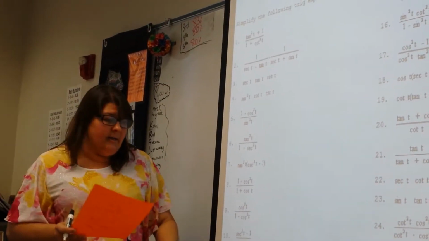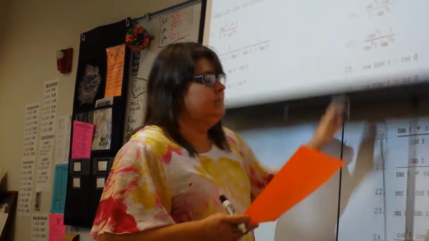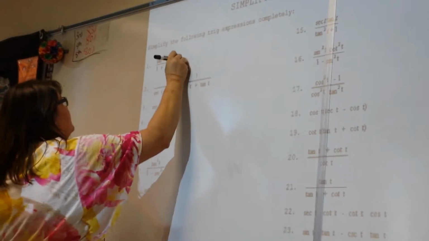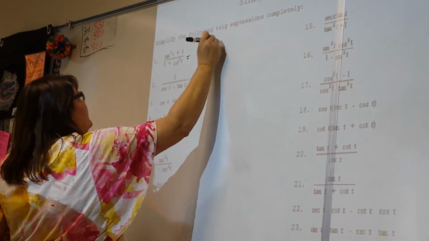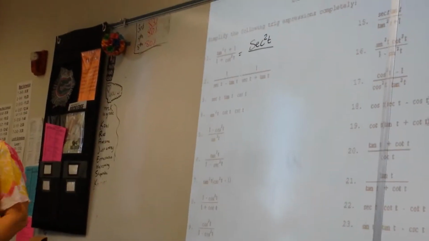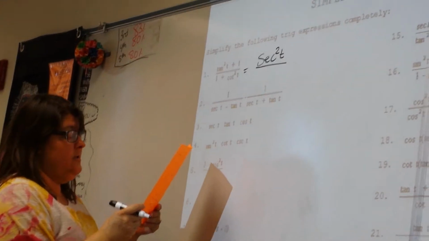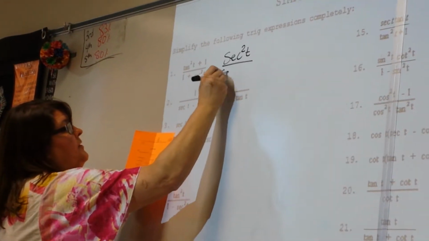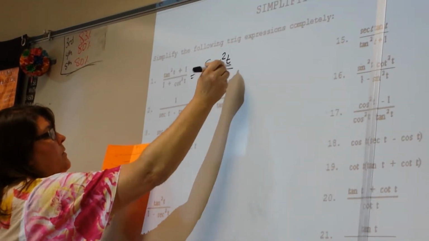It is equal to secant squared of t. And what about 1 plus cotan squared? Cosecant squared minus 1? Okay, so that's equivalent to cosecant squared minus 1.